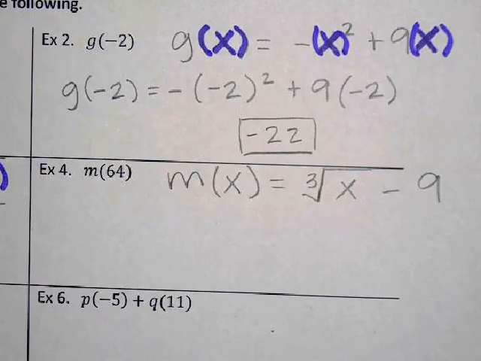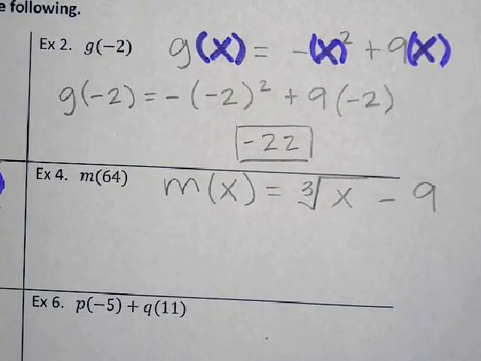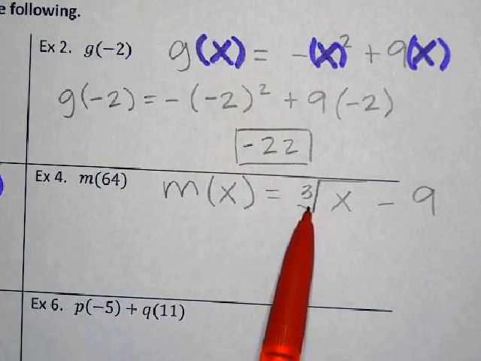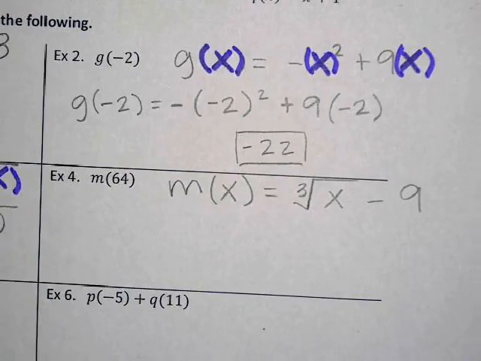Does anyone remember how to get a cube root on your calculator screen? You hit the math button. It's underneath the green button. You hit the math button, and can you see what option number it is? I think it's 4. Is it 4? Yep, it's option number 4.